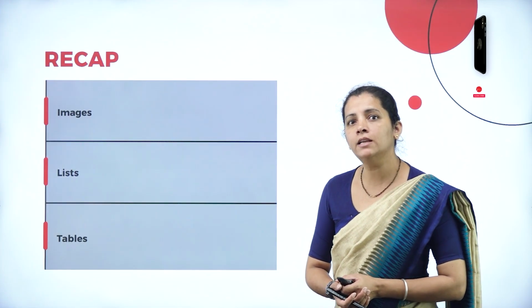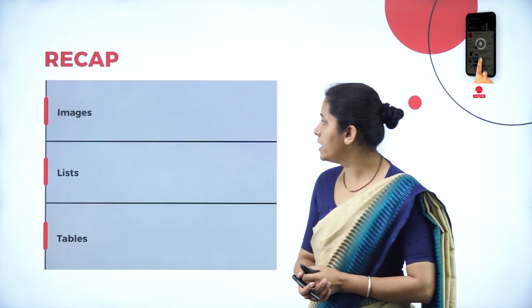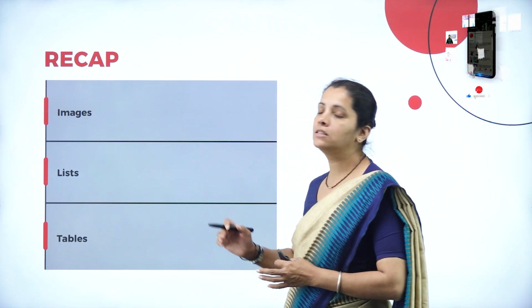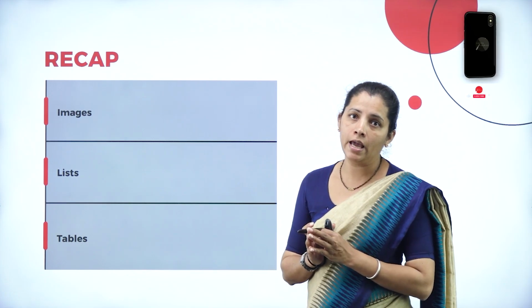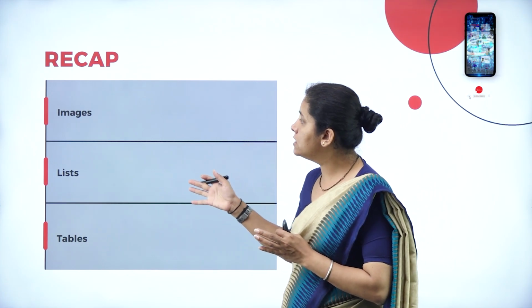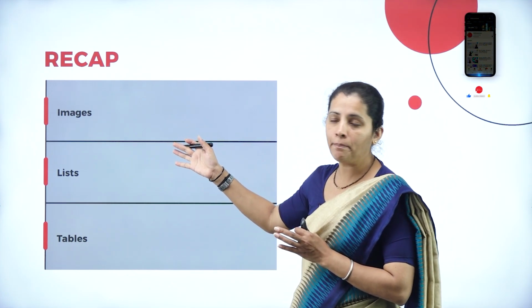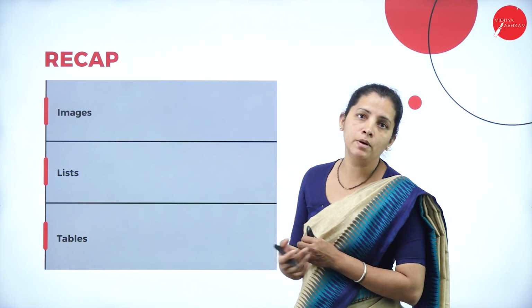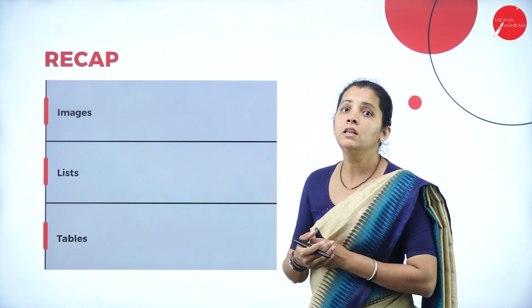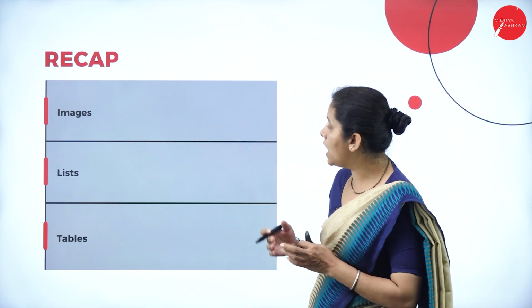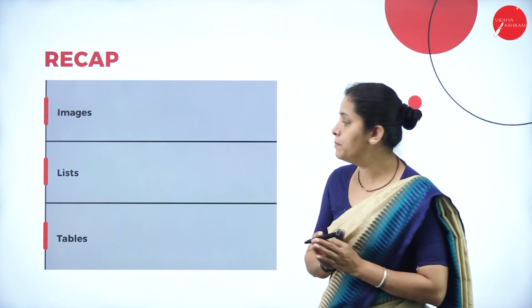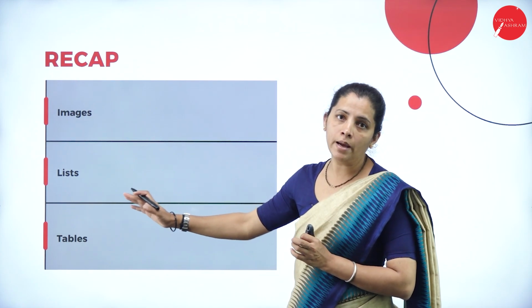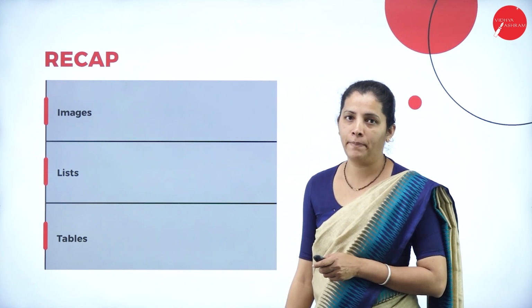So dear students, in my last session, I started with images, lists and tables. In the sense, how I can insert images into my web page, how I can create lists of items. Along with that, I discussed how I can use table tags in my web page.